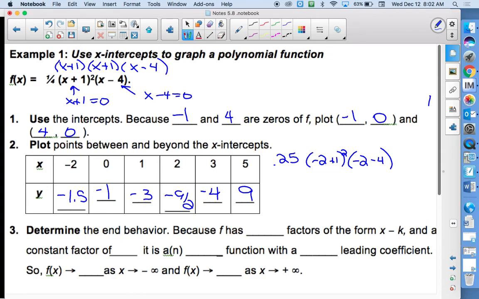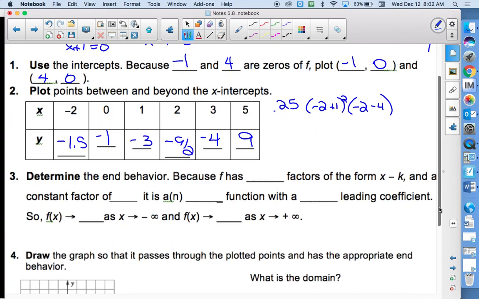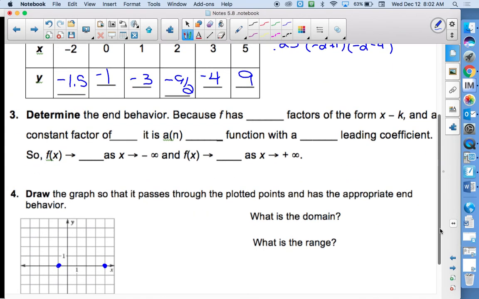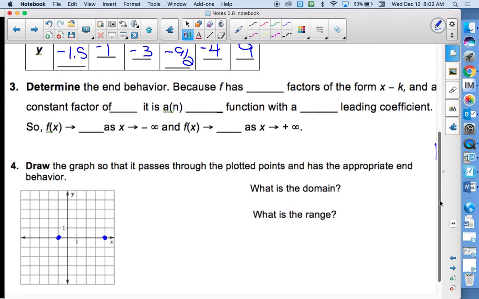All right, so now we're going to go and plot those points. So we have a whole bunch of points to plot now. So go down to your graph, plot the points. Remember 9/2 is -4.5.